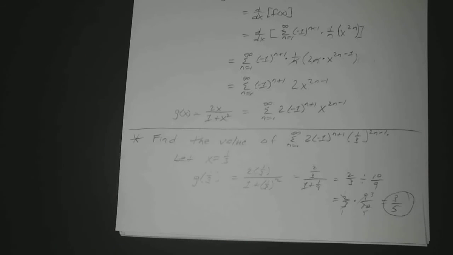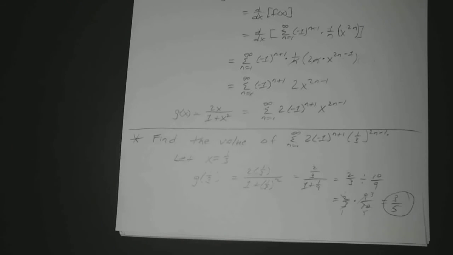Yes. Is there a way to go back from having the power series to the function? To be honest, I'm trying to think of the best way to do it, probably just the same steps in reverse.